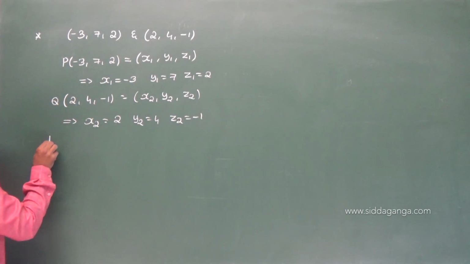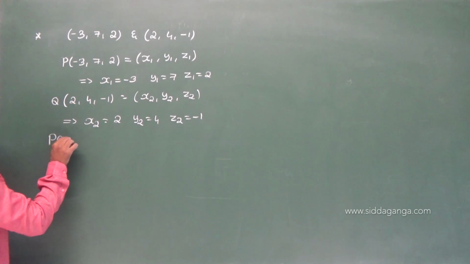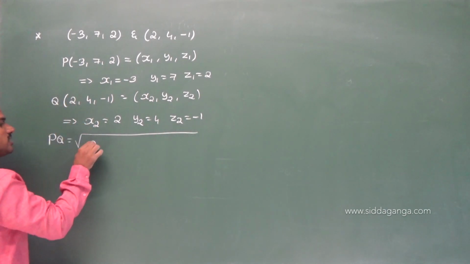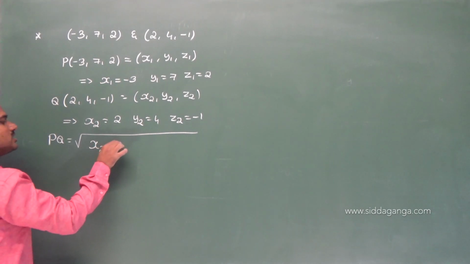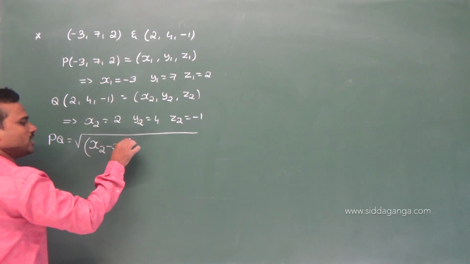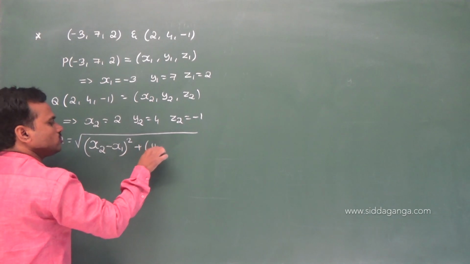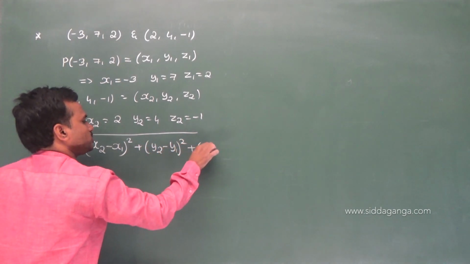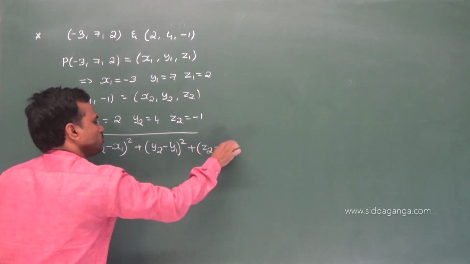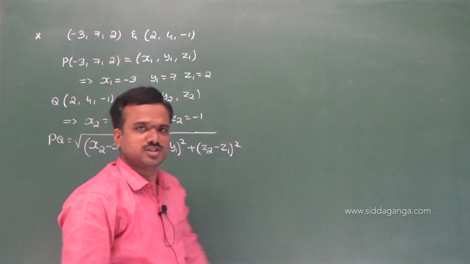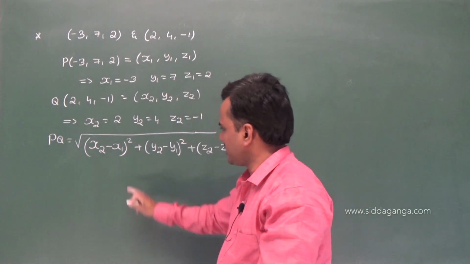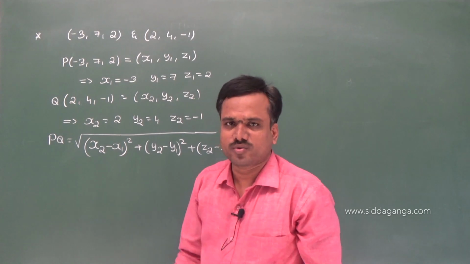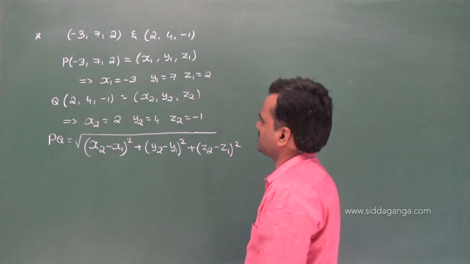You know that the distance between 2 points in space is given by square root of (x2 minus x1) whole square plus (y2 minus y1) whole square plus (z2 minus z1) whole square.